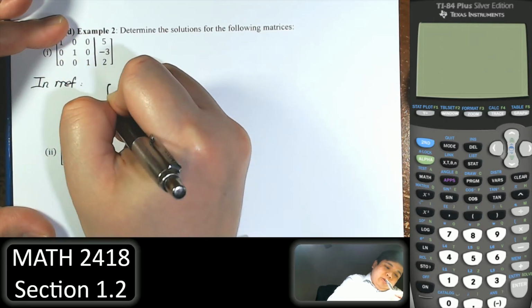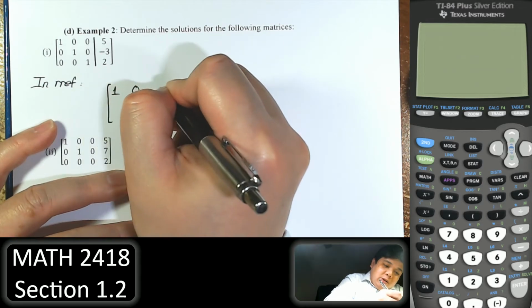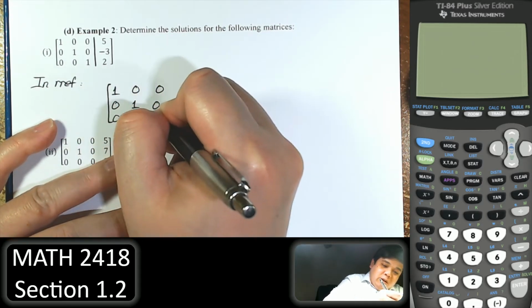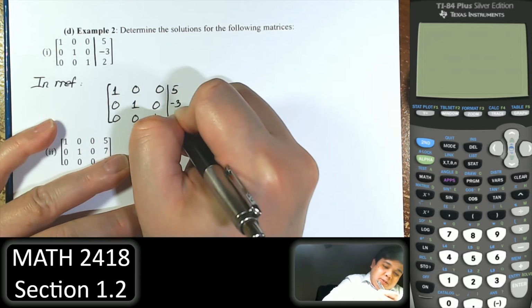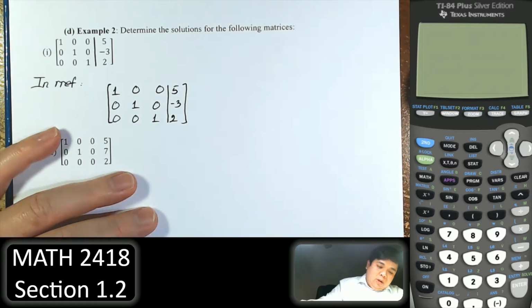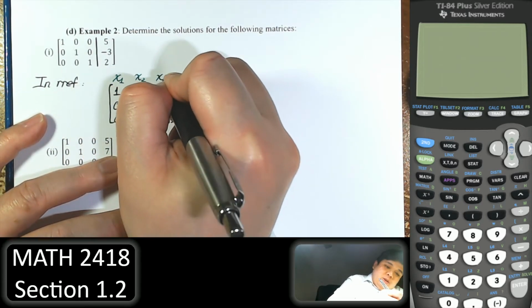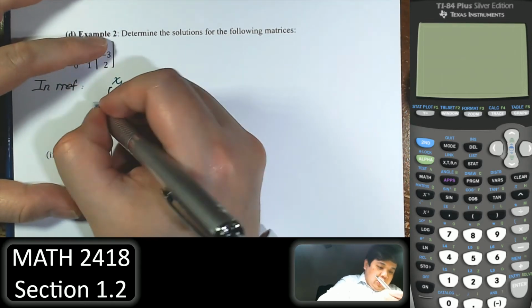We have the matrix 1 0 0, 0 1 0, 0 0 1, corresponding to x1, x2, and x3. This is the pivot column. So pivot entry.